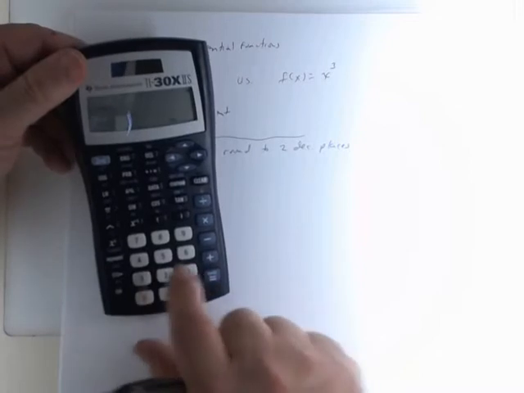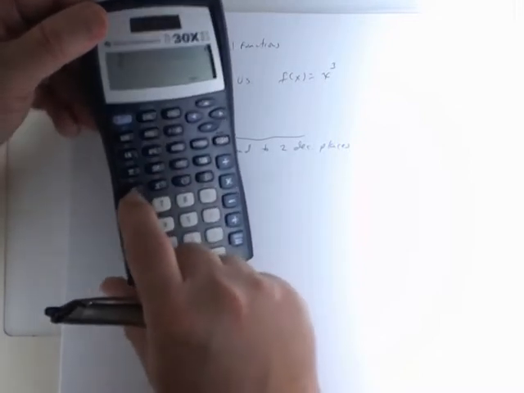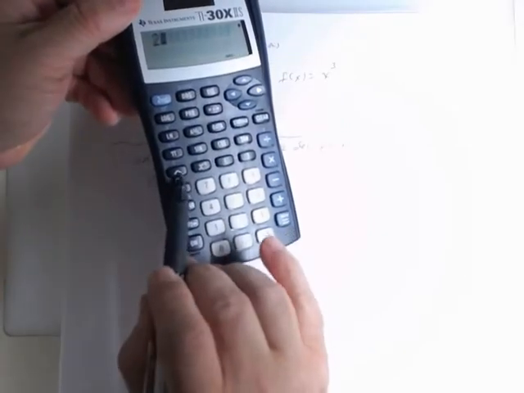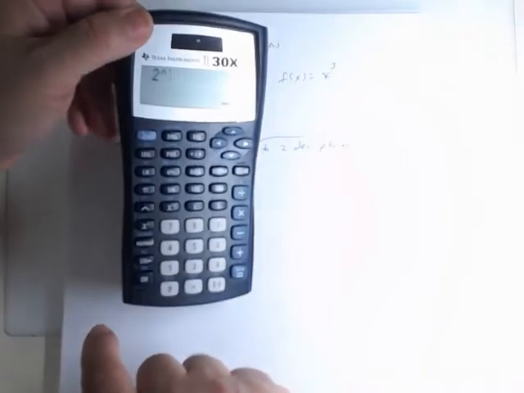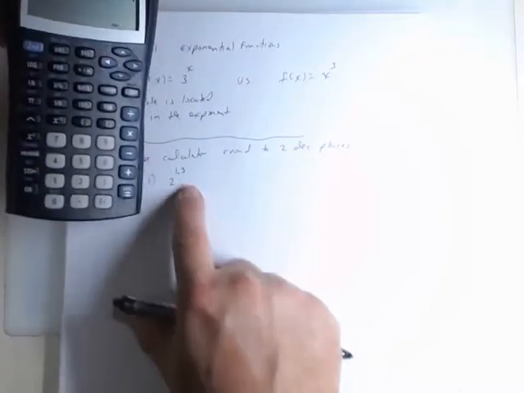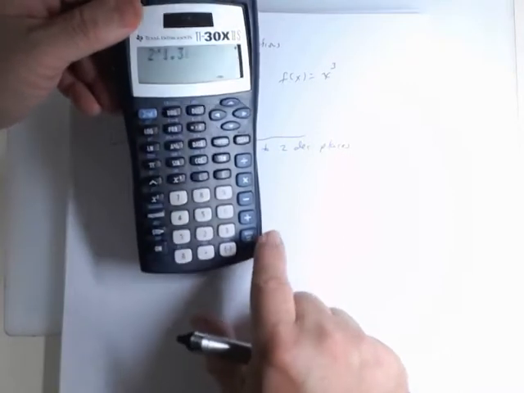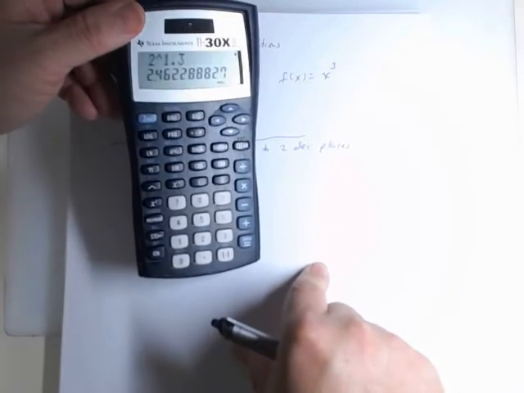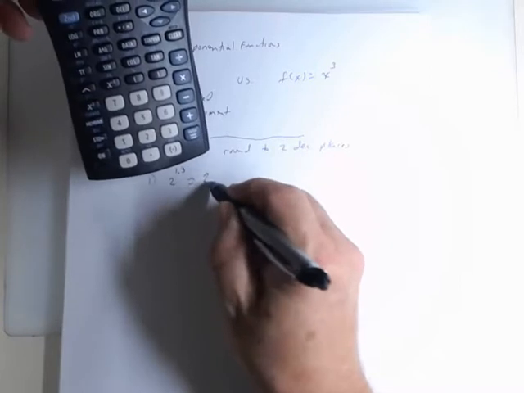So I say 2 raised to the, see this right here? Click on that. That's your power function, and then you raise it to what power? 1.3. So you can just say 1.3, and then press enter. And so it's about 2.46. Okay? So it's about 2.46.